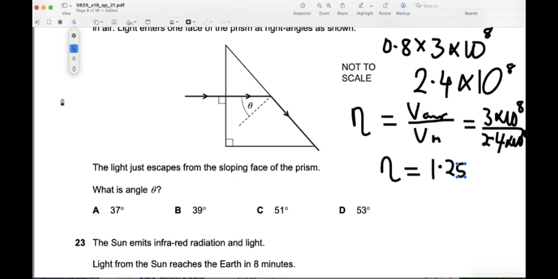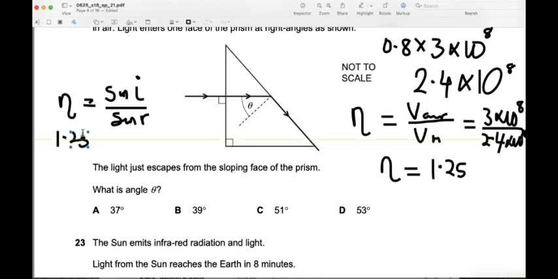But we know that refractive index is equal to sine of the incident angle, sine I, over sine R. So this will be 1.25 is equal to sine 90 over sine R, since the incident angle is 90 degrees into the plastic.